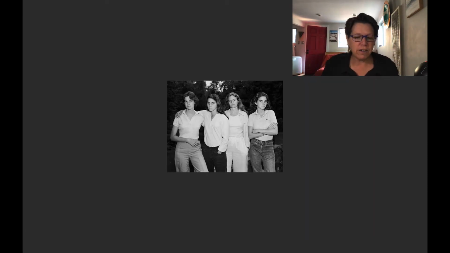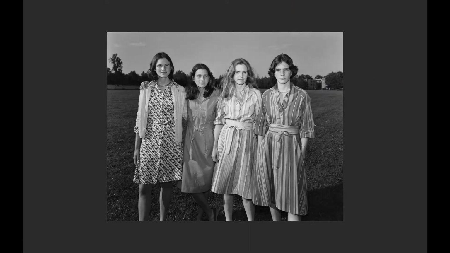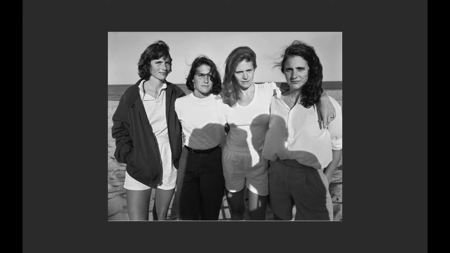This next photographer is Nicholas Nixon, and this is his family, his wife and her 3 sisters. He photographed them for over 40 years. Every year they'd get together and he would make a photograph. So they start younger, and then in the end we'll get to see them older. But one of the things I like about this photograph is you see his shadow in the photograph, so he becomes part of it.